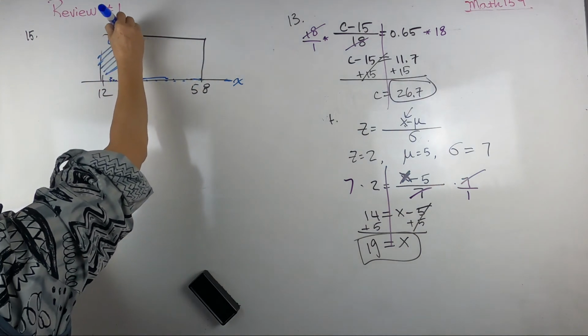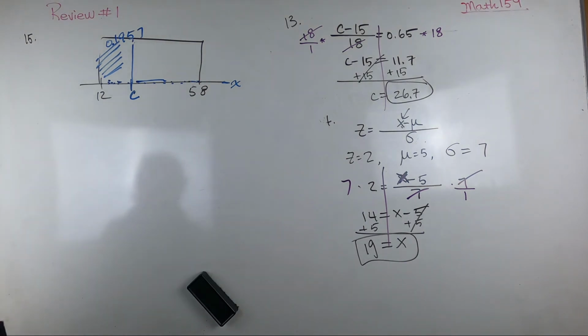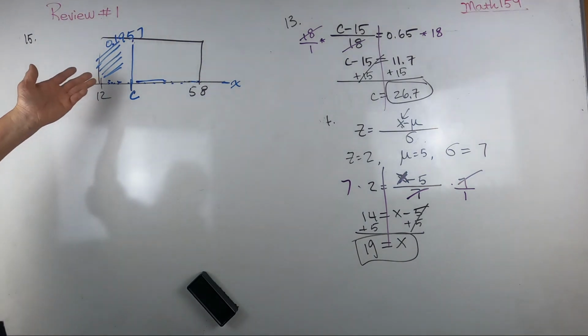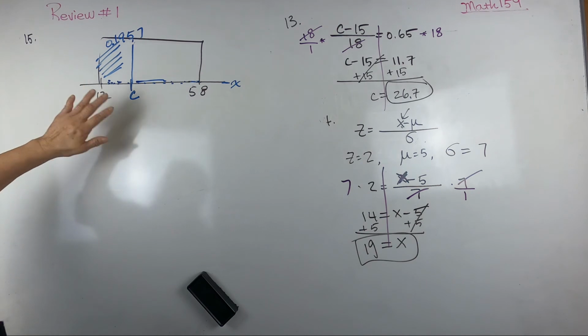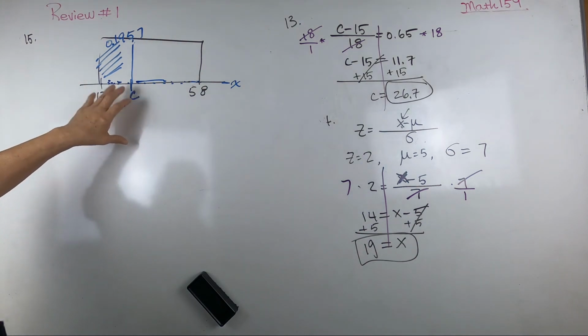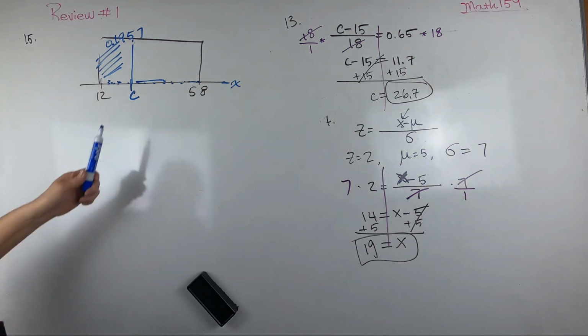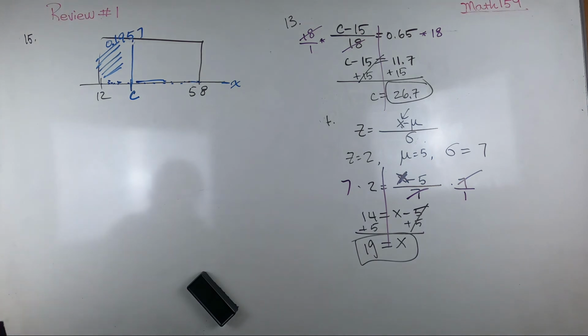This one is 0.1957. It means almost 19%, 20% chance for you to wait. What's the 20% chance you wait for the bus, at the most, c minutes.